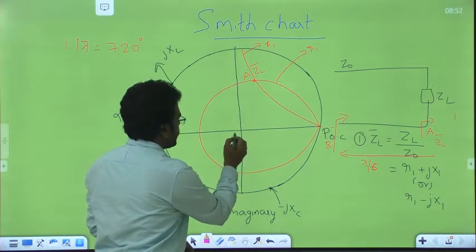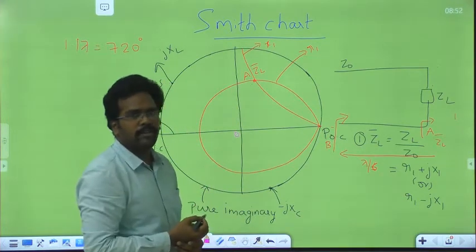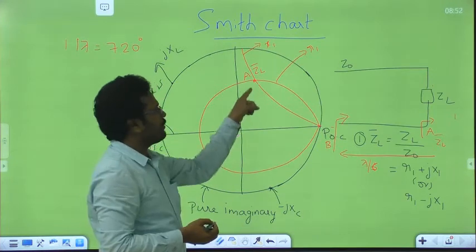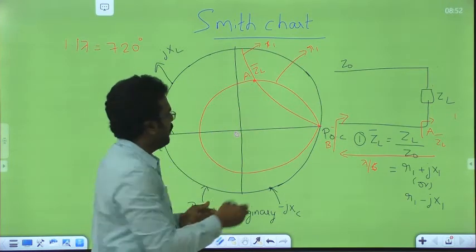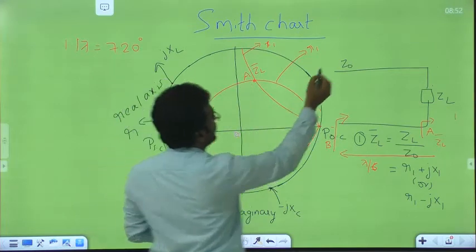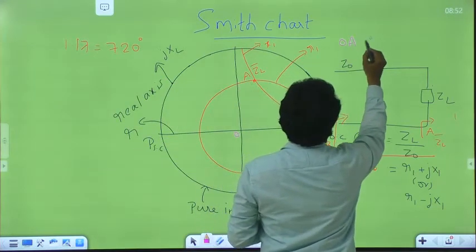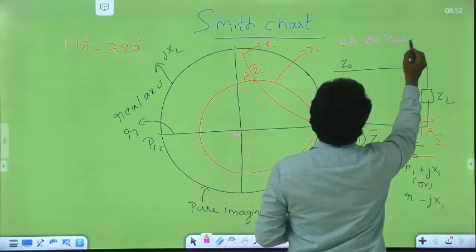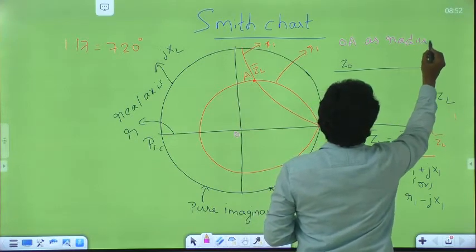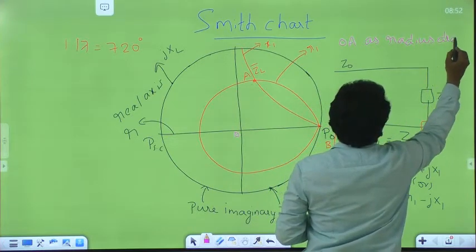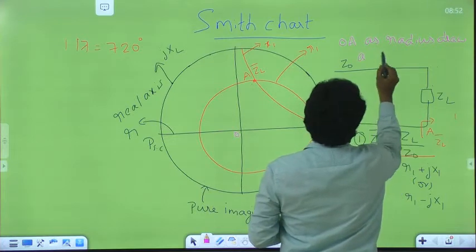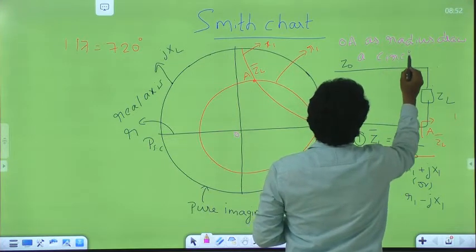Take this as O. How to draw the constant VSWR circle: after plotting the normalized load impedance, with OA as radius, draw a circle.